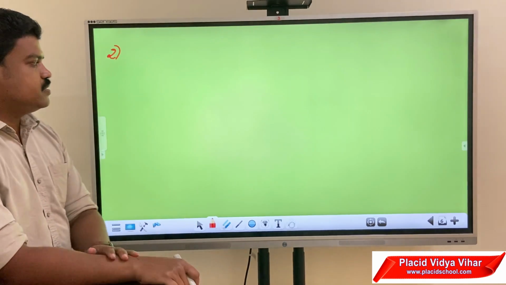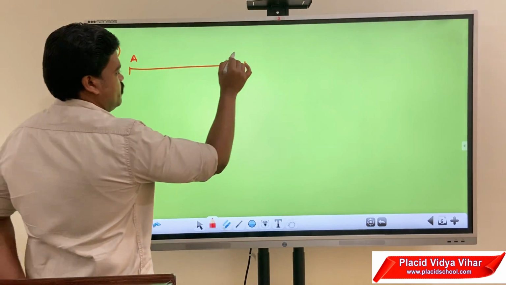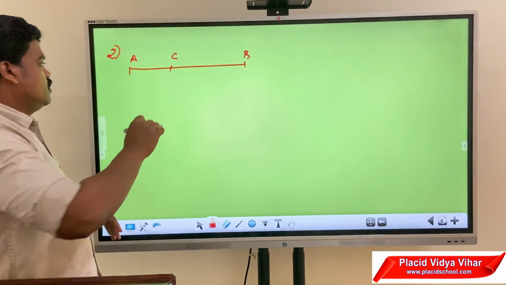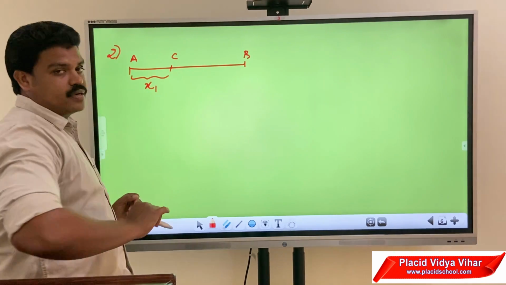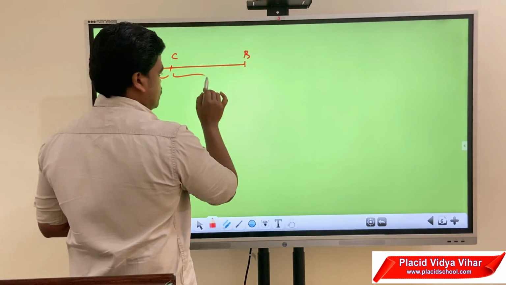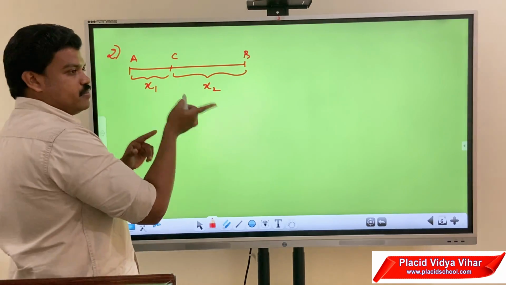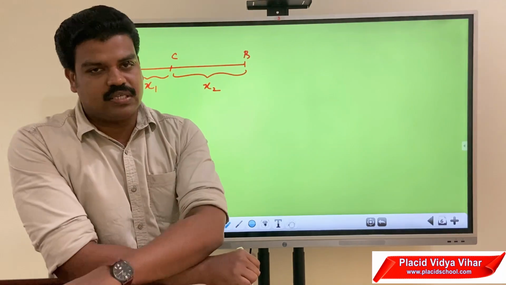The second special case is that we have 2 points A and B, and the point C is in between A and B, and the distance between A and C is x1, and the distance between C and B is x2. But time is not given. In the first case, t1, t2, x1, x2 are separately given.